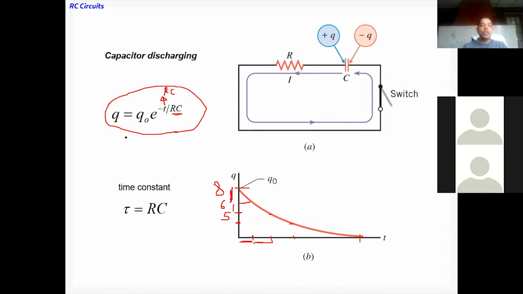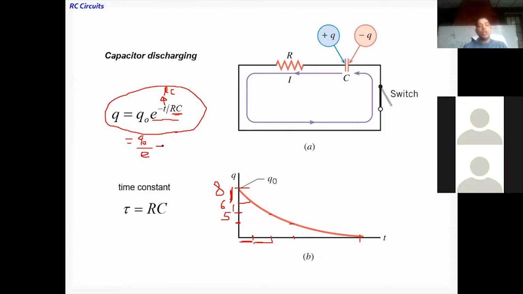Can you help me here? What is your Q? Q equals Q0 e to the negative T over RC. So what do you get here? E to the negative 1, because RC divided by RC is 1. E to the negative 1 is 1 over e, meaning you get Q0 over e.